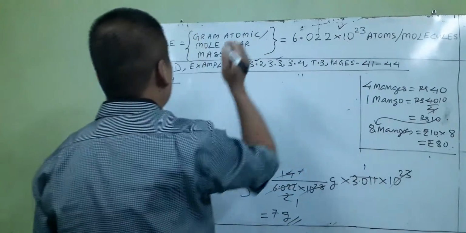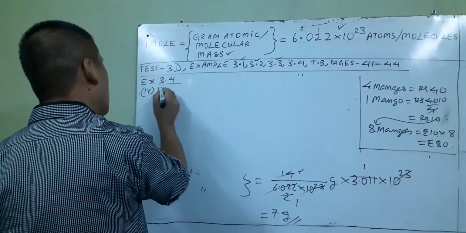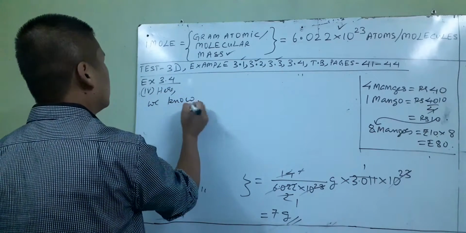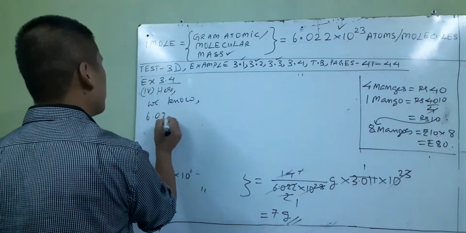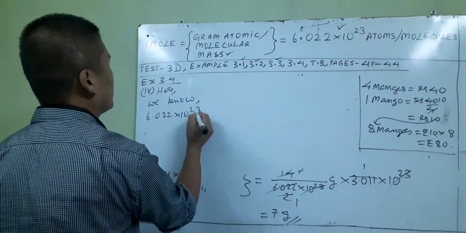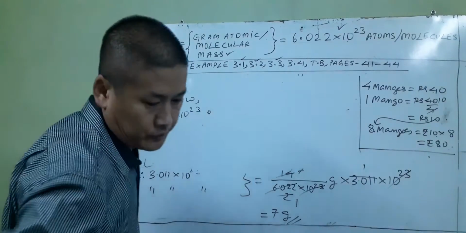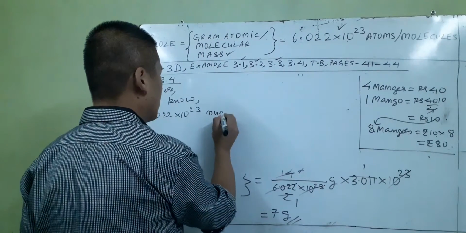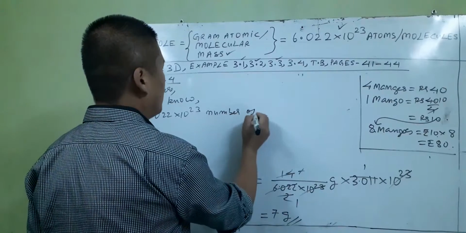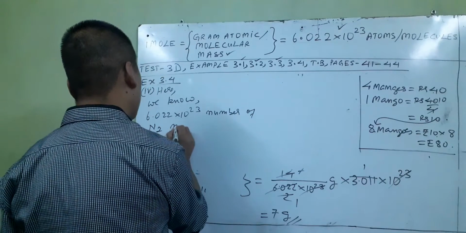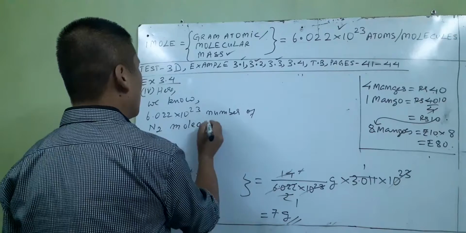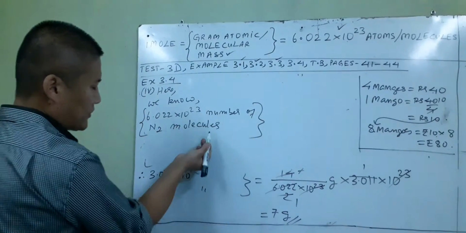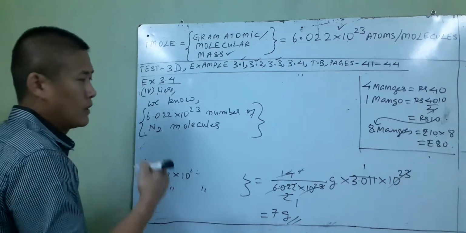So here we clearly know from the formula that 6.022 into 10 to the power 23 of anything, number of N2 molecules. They even mentioned molecules, but even if the question did not mention molecule, it's easy to figure out here. The back 2 means molecule.